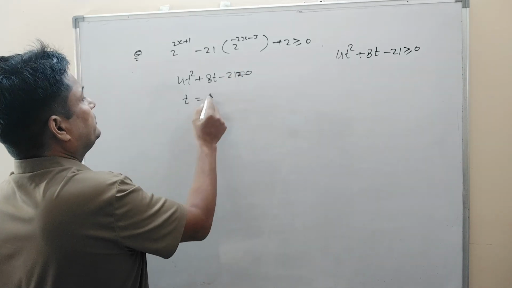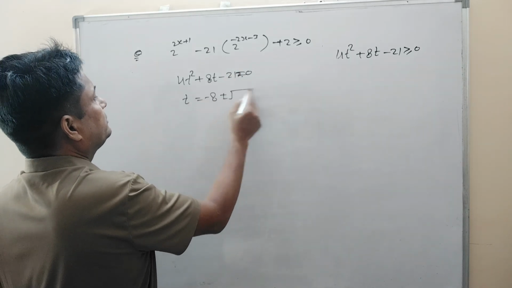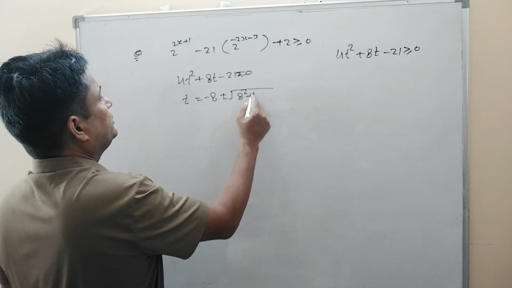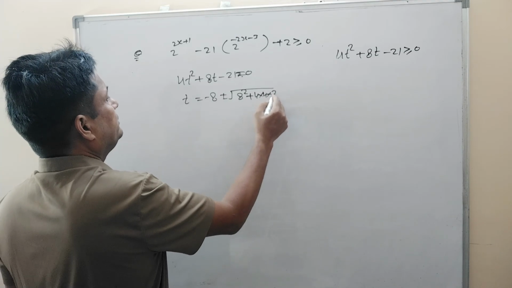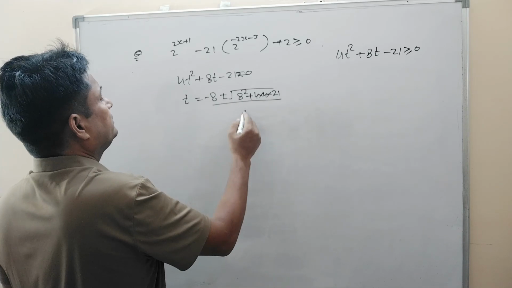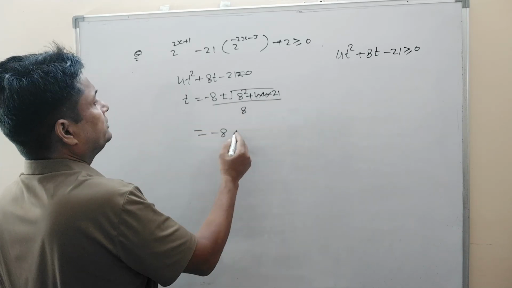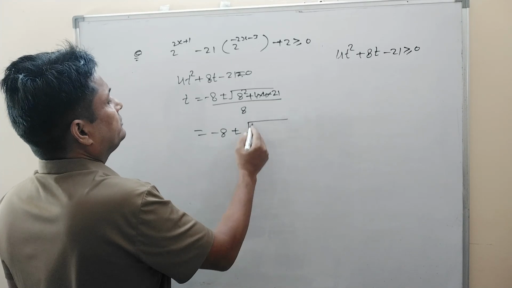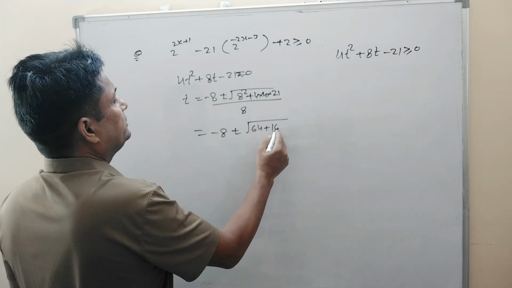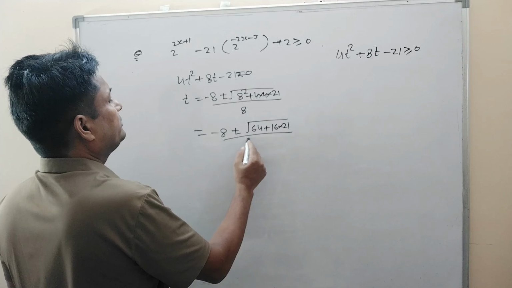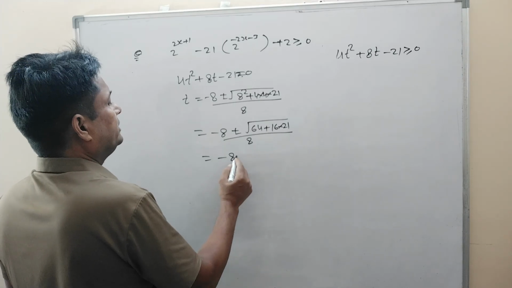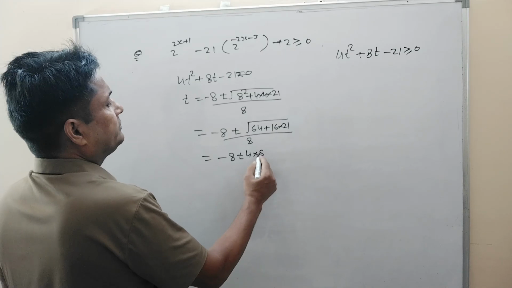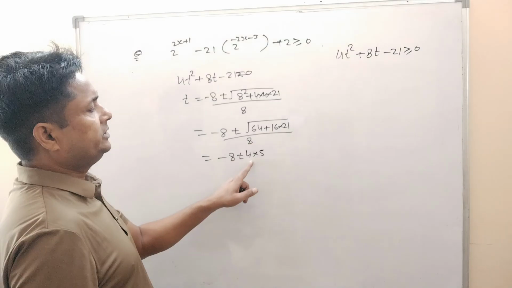So t will be minus 8 plus or minus under root b square minus 4 into 4 into minus 21, divided by 8. So this will be minus 8 plus or minus under root of 64 plus 16 into 21, divided by 8. So this will be minus 8 plus or minus root of 4 into 5 squared, root of this one will be 20.